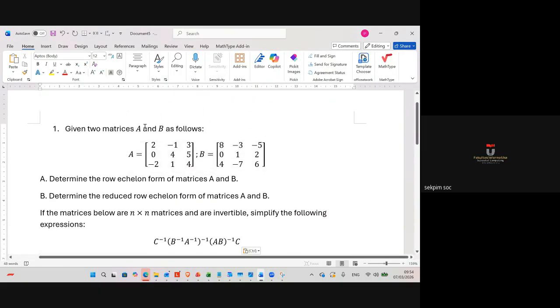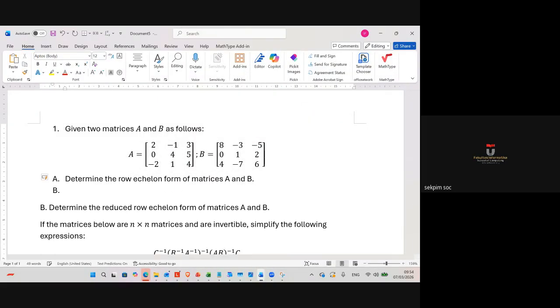Okay, so this is the matrix we have, right? And determine the row echelon. Row echelon is not reduced, right? So row echelon needs only the upper triangle form of this matrix, right? Of A and B. I can do just A maybe, and you can do the same thing for the other.